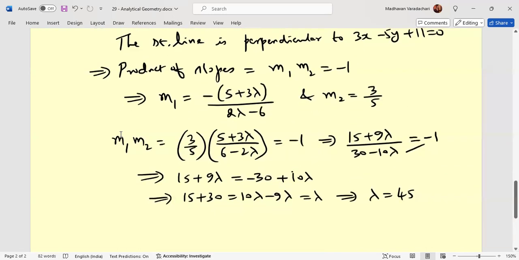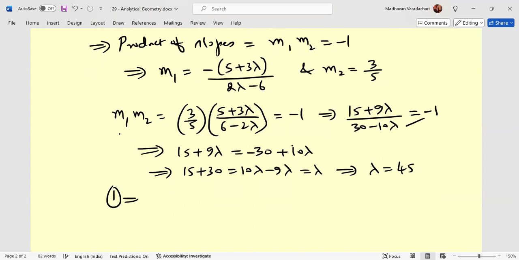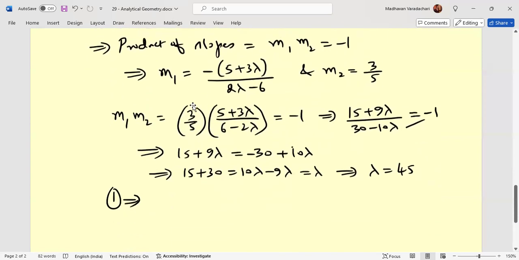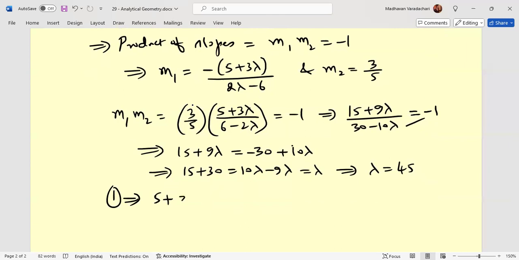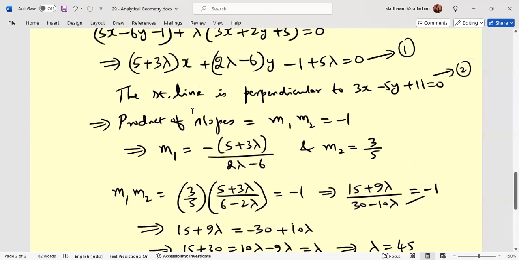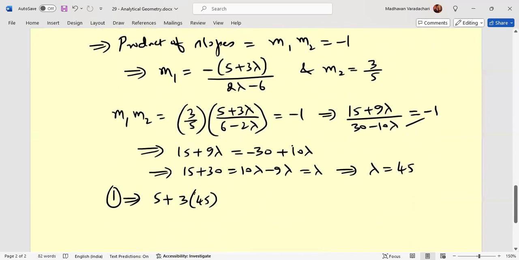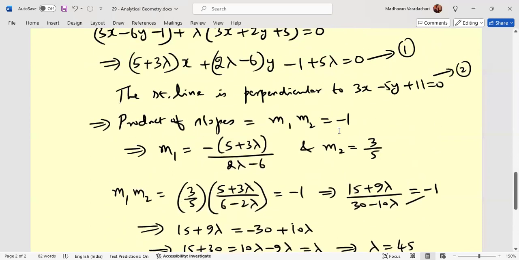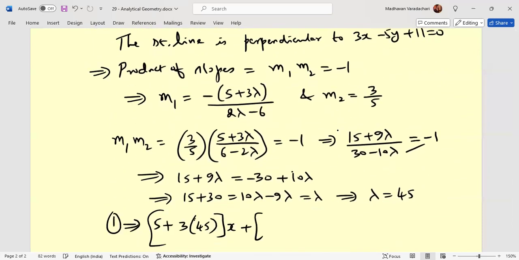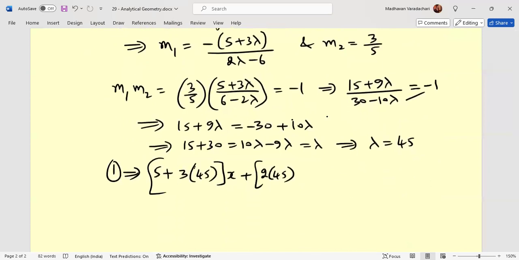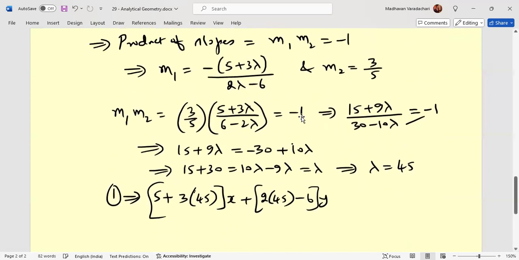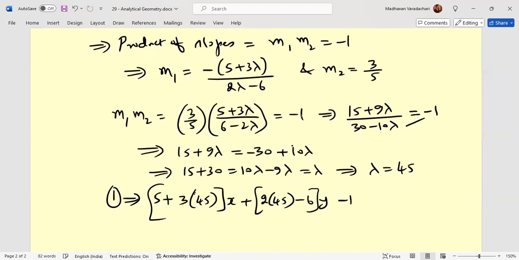So our equation 1 will become 5 plus 3 times 45 into x, then plus 2 times 45 minus 6 times y, and then minus 1 plus 5 times 45 equal to 0.